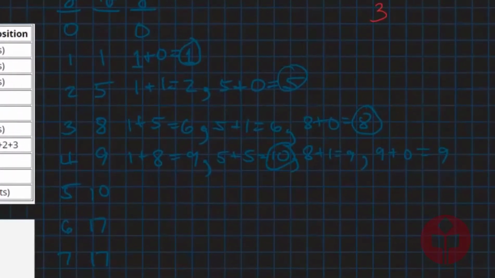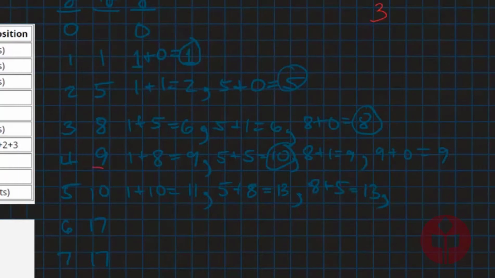So moving on to row 5. Again, row 5, we're adding the price 1 and 10. So we add up 1 plus 10. It's just 11. Next, we add up 5 and 8. So 5 plus 8 is 13. Next, we do 8 plus 5. 8 plus 5 is 13.